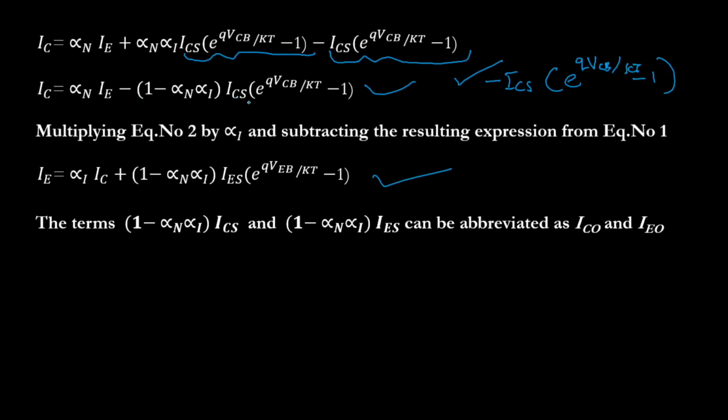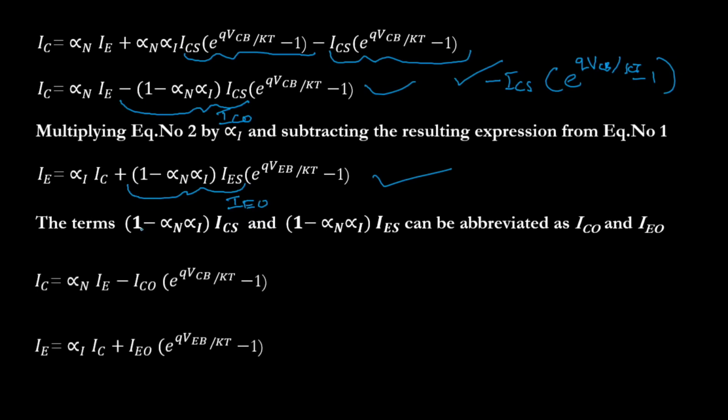This term I am going to represent by ICO, and this term by IEO. If that is the case, my final expression is IC equal to alpha n IE minus ICO into e to the power, that exponential term, and this entire term with alpha I is represented by IEO.